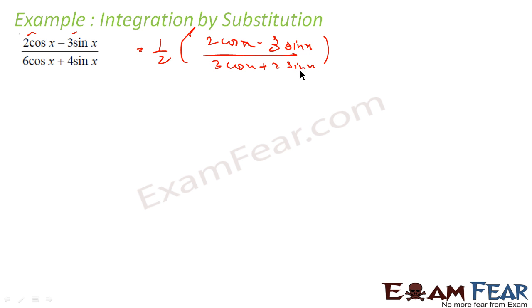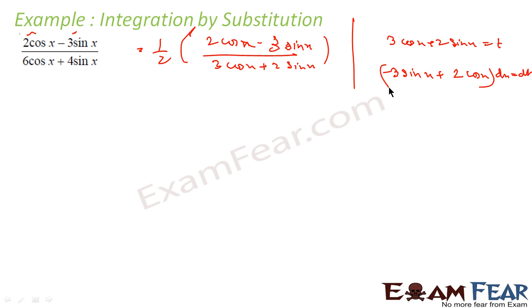So if you take 3 cos x plus 2 sin x as t, I get derivative of 3 cos x as minus 3 sin x, and 2 sin x becomes 2 cos x, so dx is equal to dt.